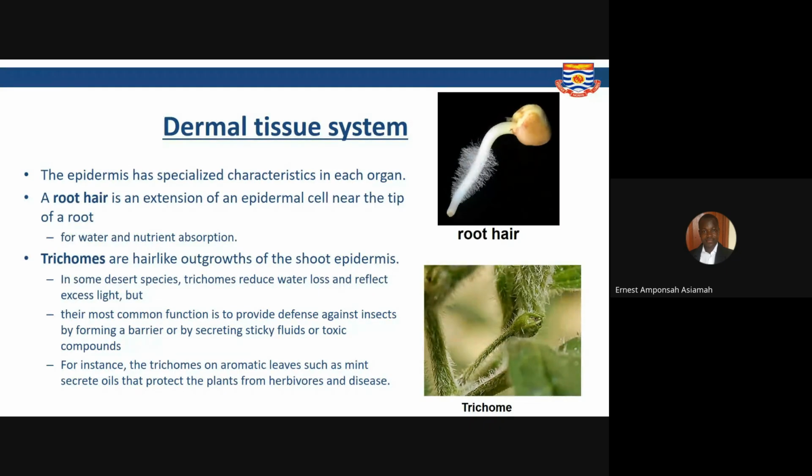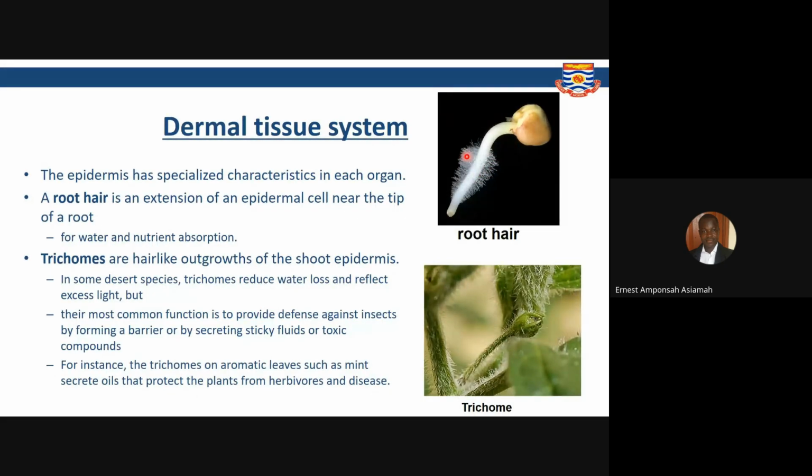Now in some plants we have some modifications. So, for example, in roots, the epidermal cells have an extension, especially as you get to the tip of the root, which gives out some hairs.